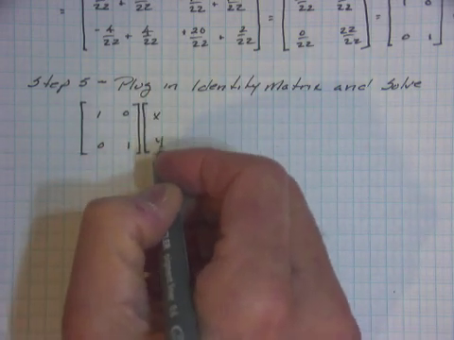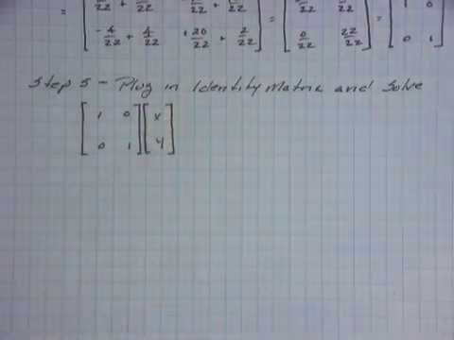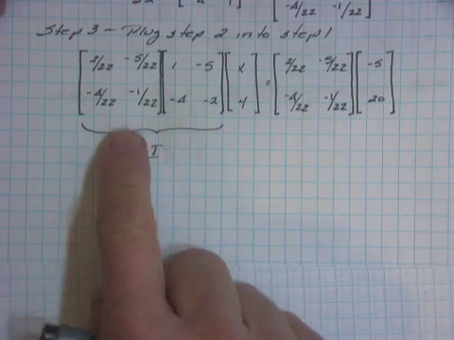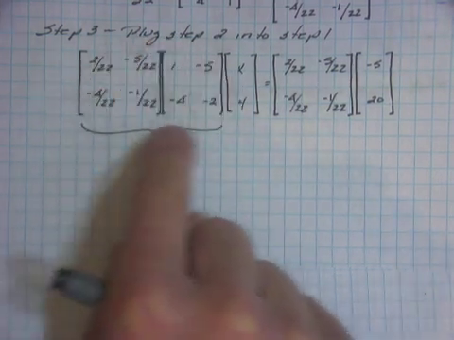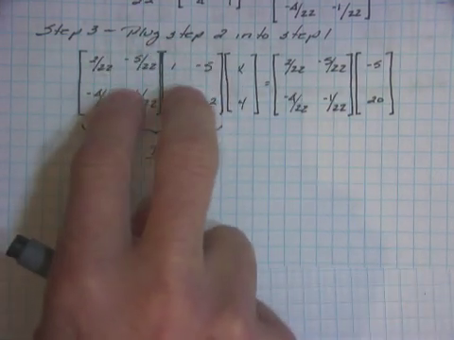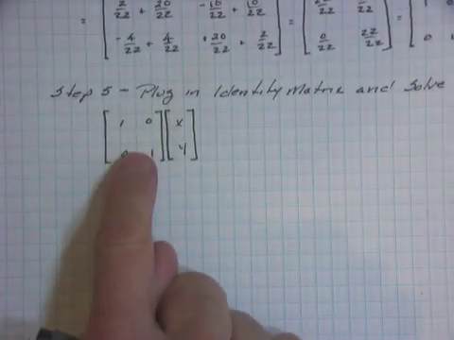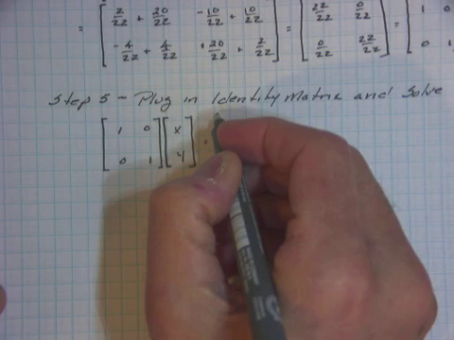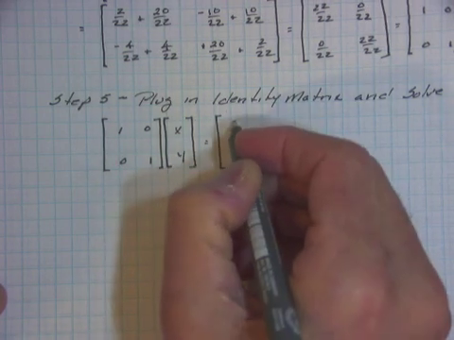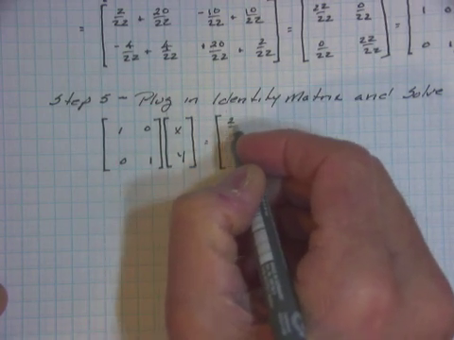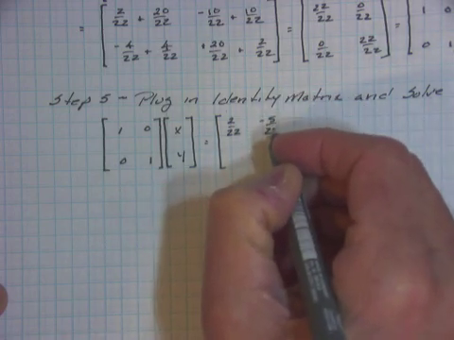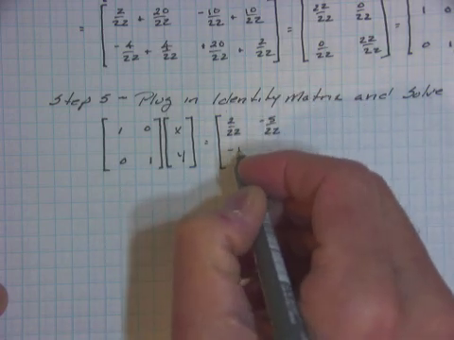Okay, so we've got the identity matrix 1, 0, 0, 1 times variable matrix x, y. Oh, let me clear up what I just did. So we had this, and I confirmed that this was the identity matrix. So I'm taking these two out and replacing it with the identity matrix. Equals.